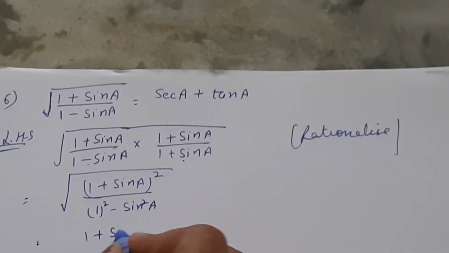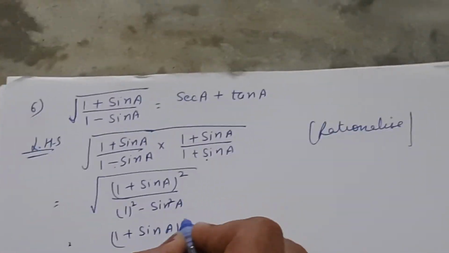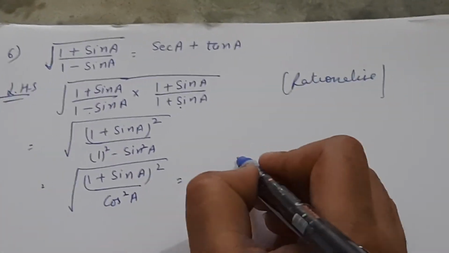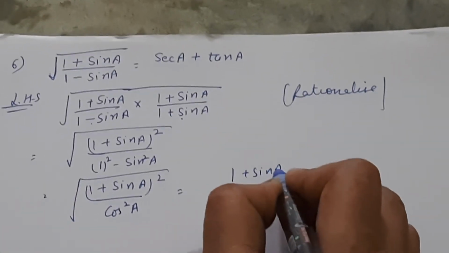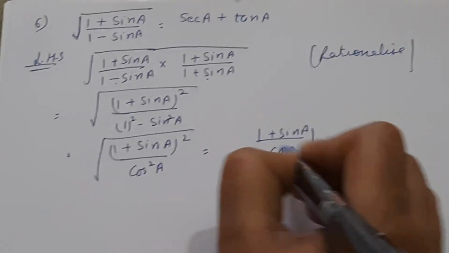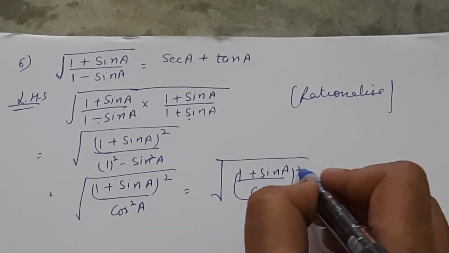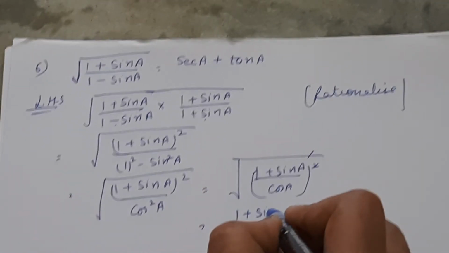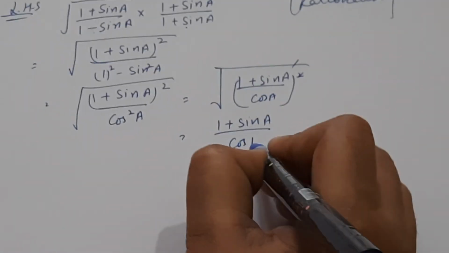So 1 plus sin a whole square upon cos square a. This value we can write as 1 plus sin a over cos a whole square, all under the square root. So the square root and square will be cancelled. We have 1 plus sin a upon cos a.